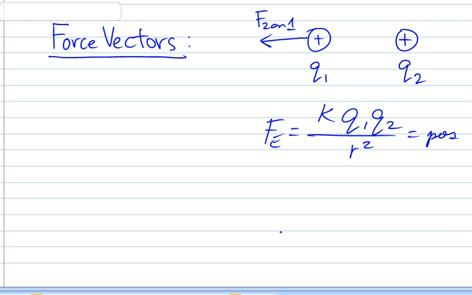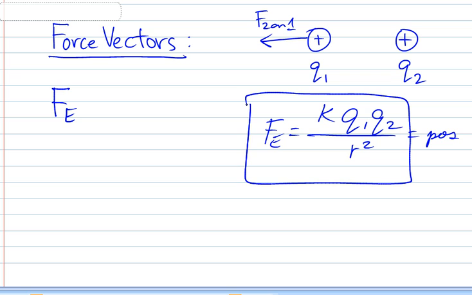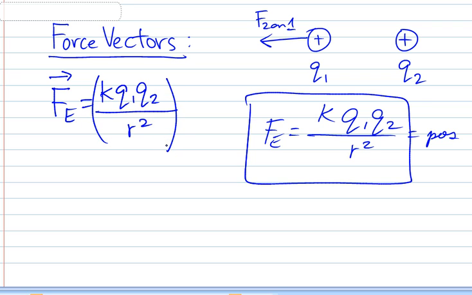So what this will do is allow me to do a full calculation of what the force is going to be, because really the force is a vector, okay? And when I was writing Fe equals K Q1 Q2 over R squared, I wasn't really giving the whole story. It is a vector that has a magnitude of K Q1 Q2 over R squared, and it has a direction.